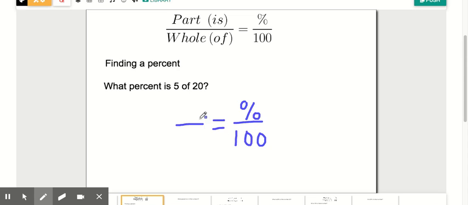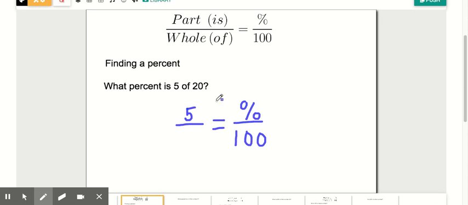Now I have to figure out what is going to go on top and what's going to go on bottom from this. It says, what percent is 5 of 20. I put this little hint up here because a lot of times we see the word is attached to a number, and the word of attached to a number. The is most of the time is going to be our part.